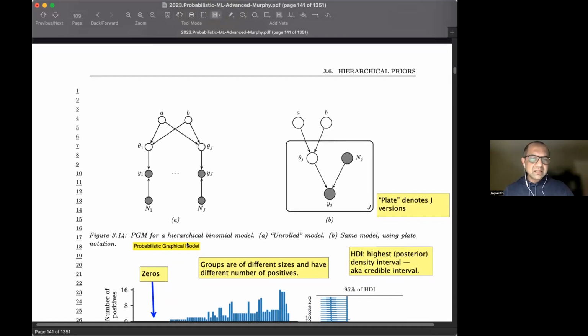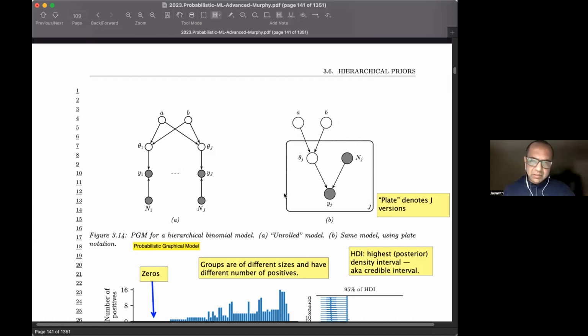And I guess later on in the book, we would also be studying probabilistic graphical models, so we would see this representation again. And the same representation is also shown in what they call the plate notation. So there is A and B, which is common to all of these individual theta j.